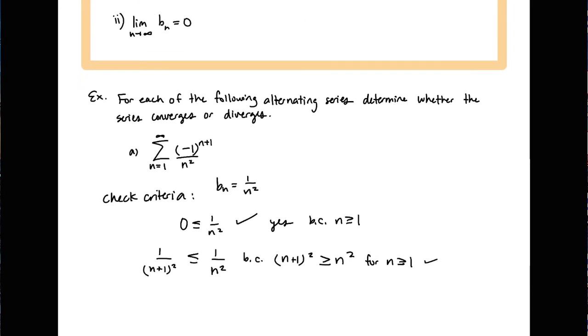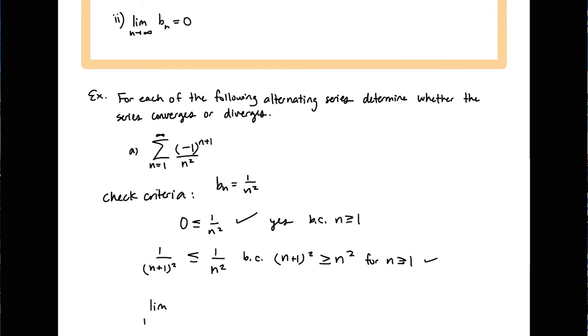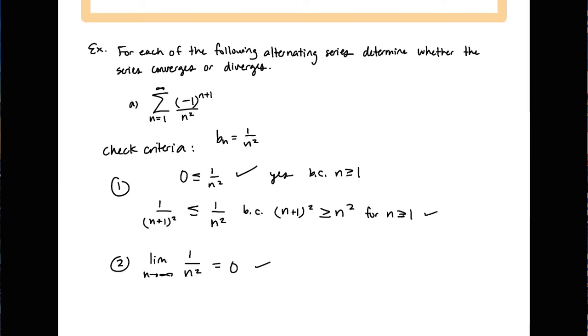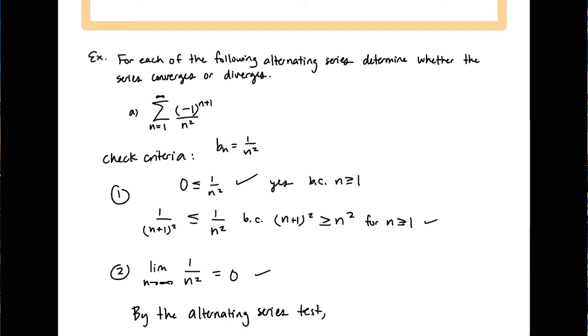Condition 2, the limit as n goes to infinity of 1 over n squared is going to be 0. Okay, so by the alternating series test, our series converges.